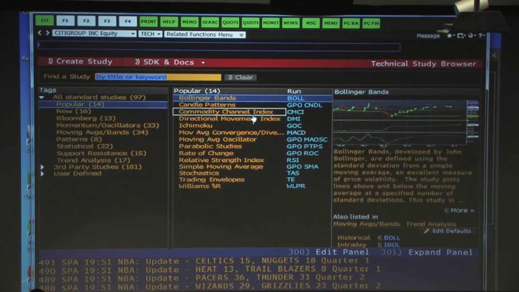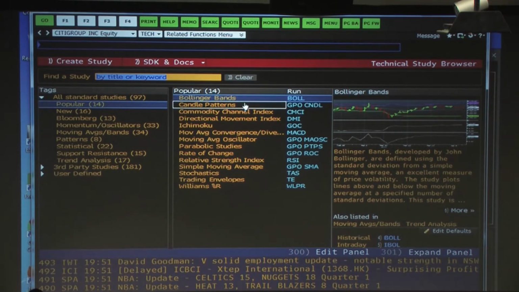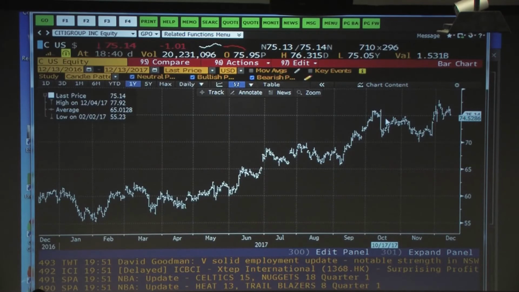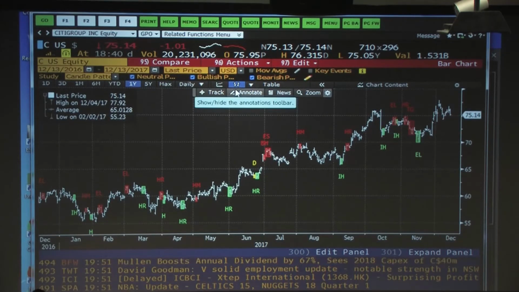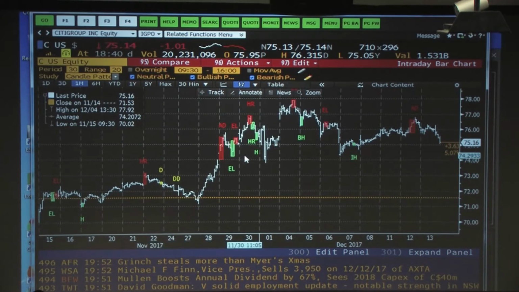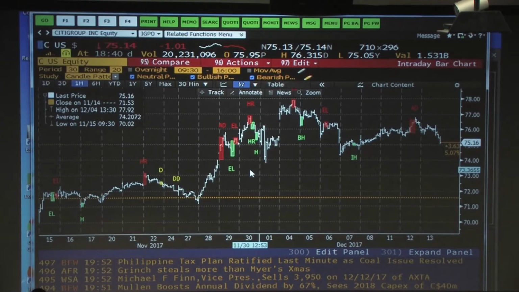We have different types as well, like candle patterns. Does anyone know what a candle chart is? Okay, so let's talk about the different parts of a candle. Let me move this within it. So what is the top of a bull? Actually, let me see if I can zoom in here.